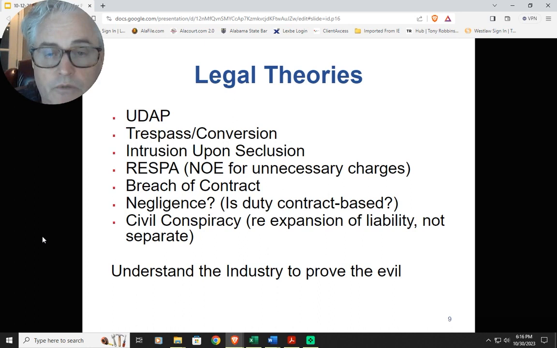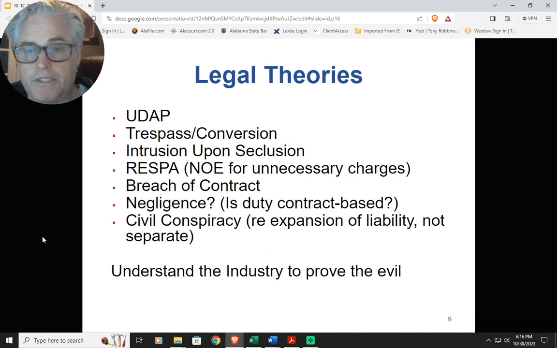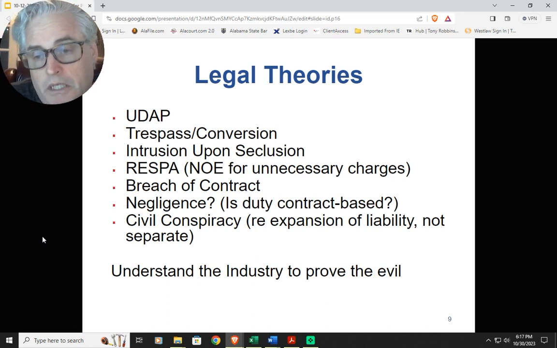I do like a civil conspiracy count because it covers an expansion of the liability by basically proving that each actor in this chain of relationships played their part in reaching the outcome that was illegal, which was the trespass and intrusion upon seclusion. In that scenario, there's also a Restatement of Torts provision that's recognized in Illinois in particular, dealing with causing a third party or another to trespass.